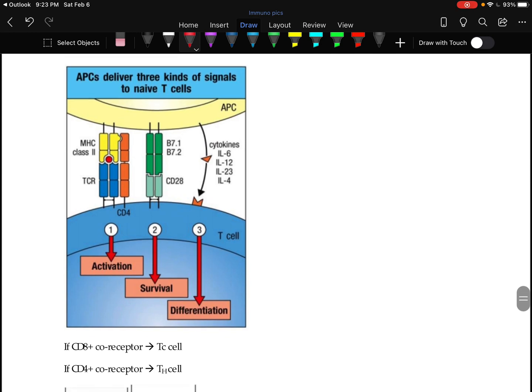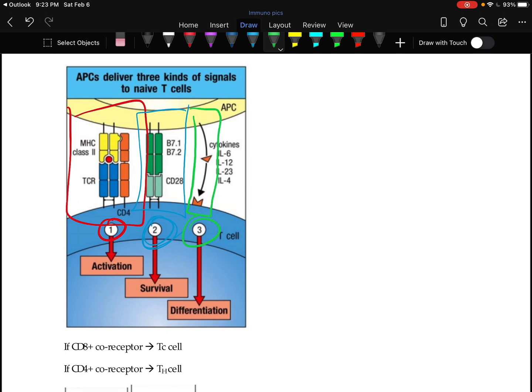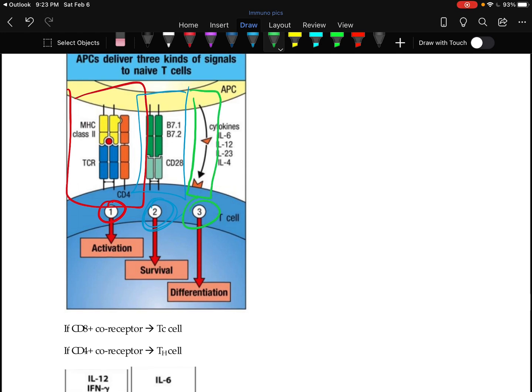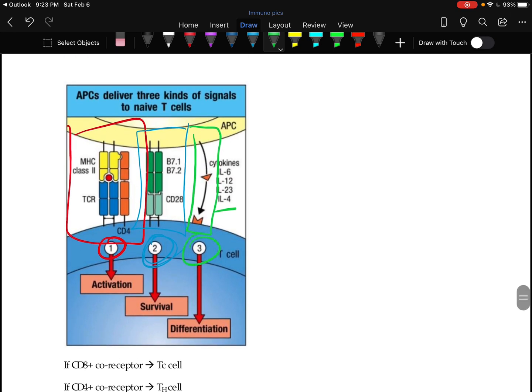So just to summarize, we have activation when we have the antigen-specific complex that happens. Next we have survival, which happens when the co-stimulatory signal happens. And then we have the cytokines that are released, and then that leads to our differentiation, which is very important. Now, the different cytokines are important too to consider. So this happens to every T cell, these three processes.